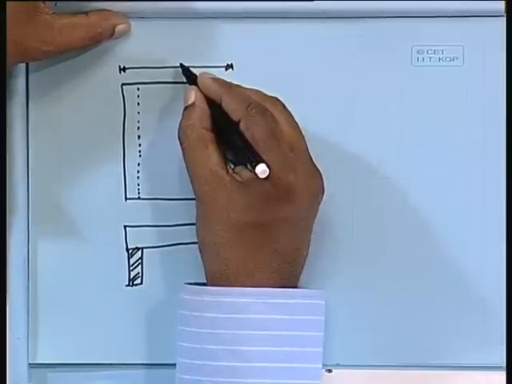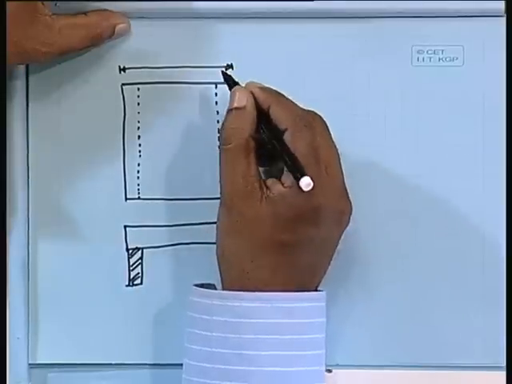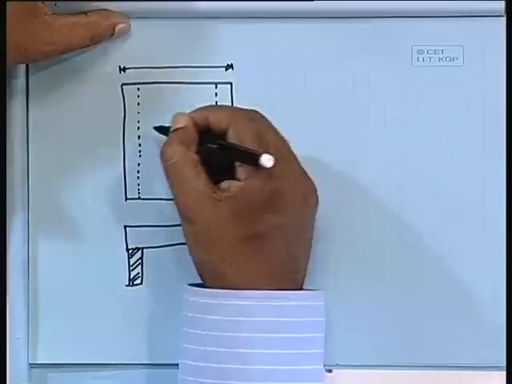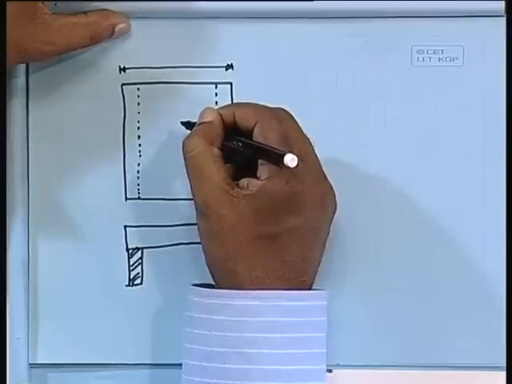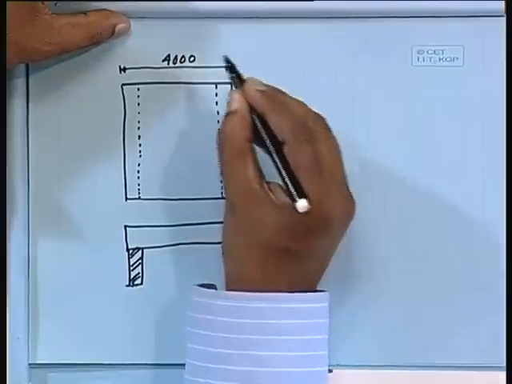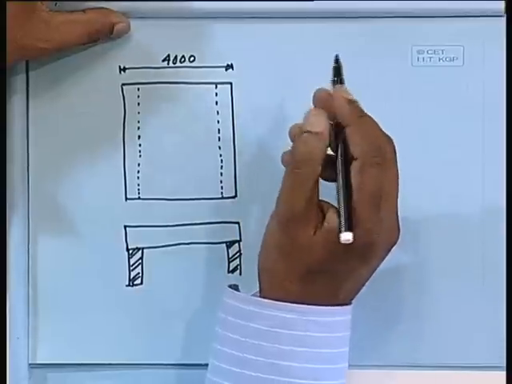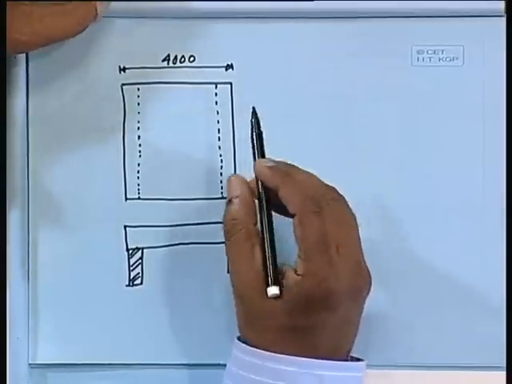And this one how much? This one is 3500 plus 250 plus 250. So, clear span 3500 plus 250 plus 250, which comes as 4000, and effective span we have calculated 3640.